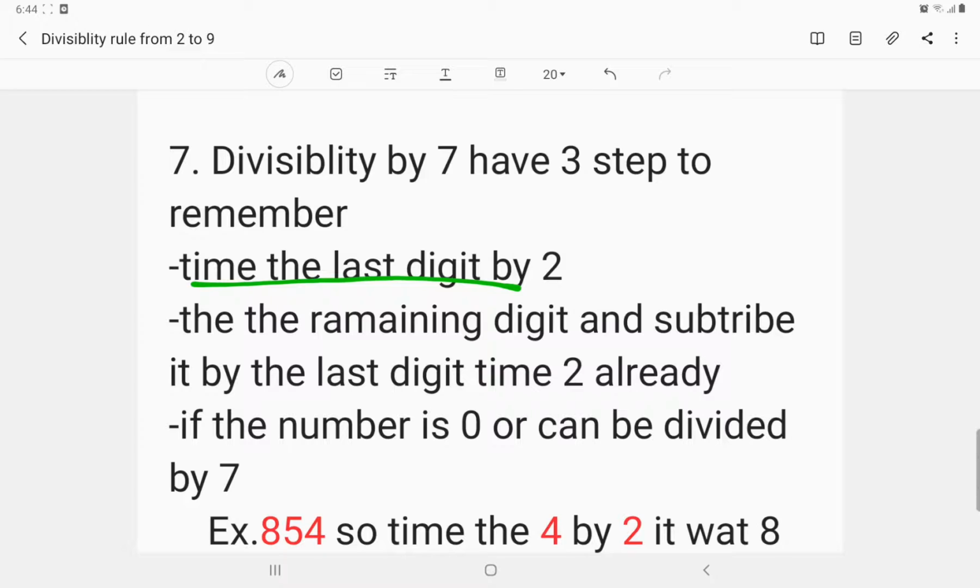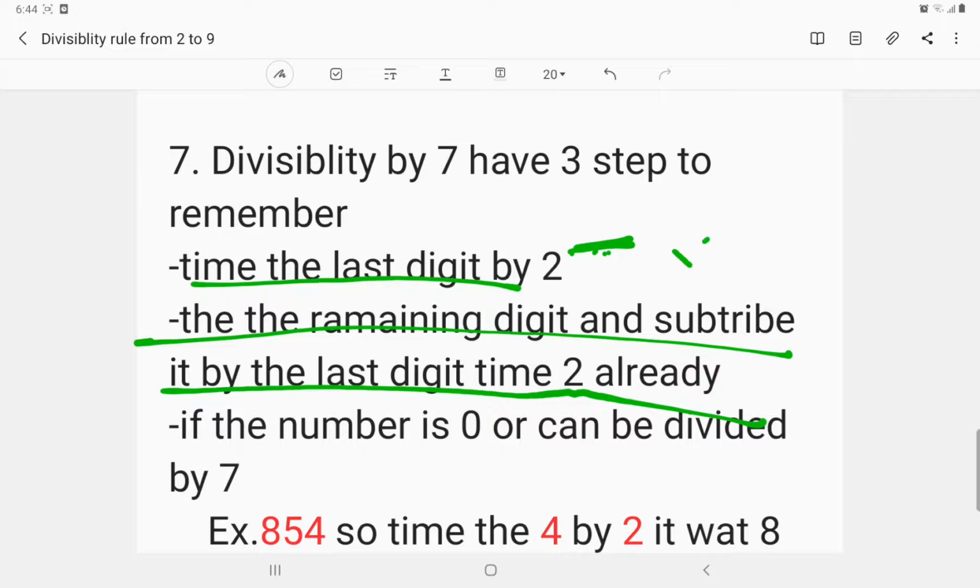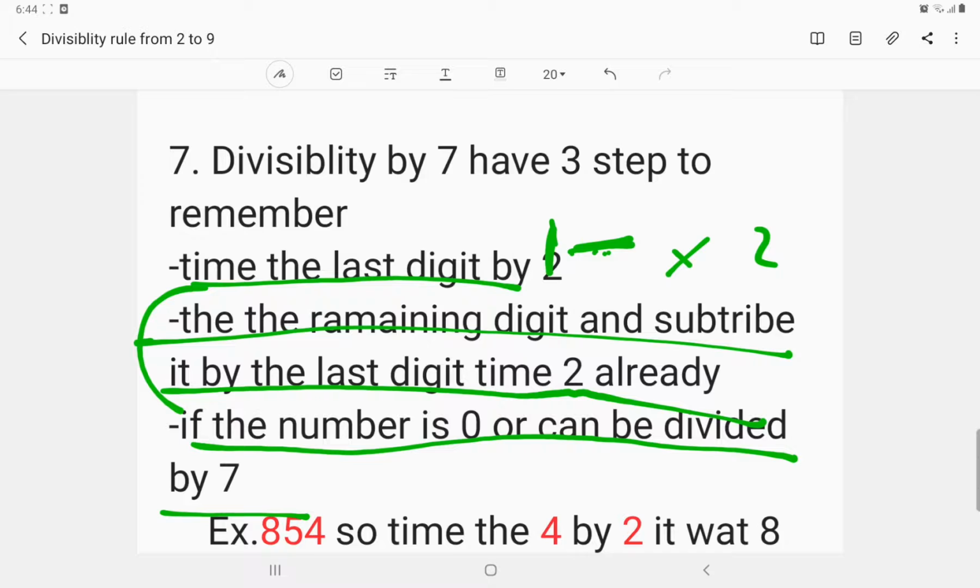The second step: take the remaining digits and subtract the last digit times 2 from them. Subtract this digit, which you already doubled here.